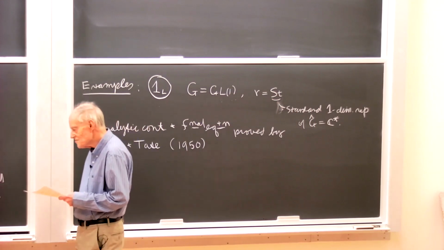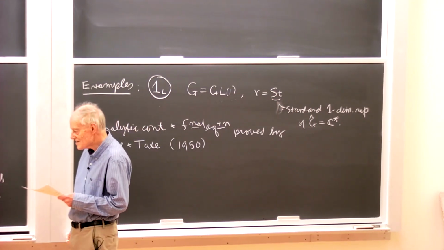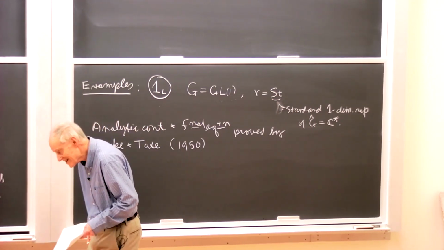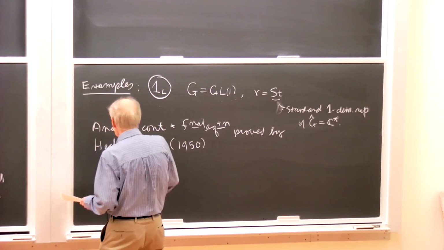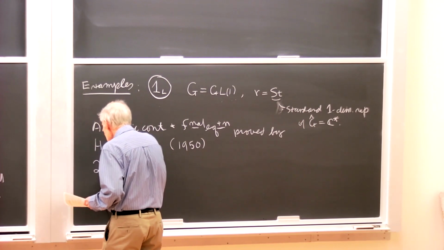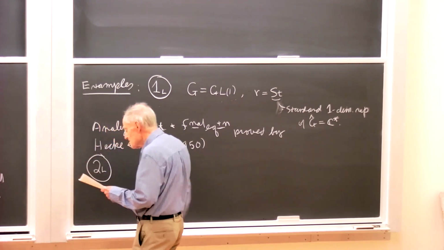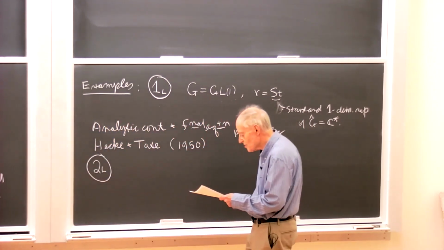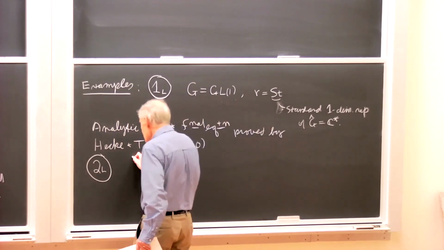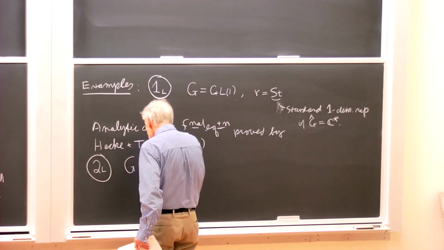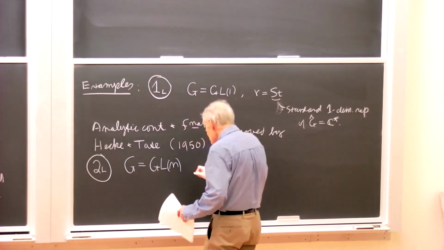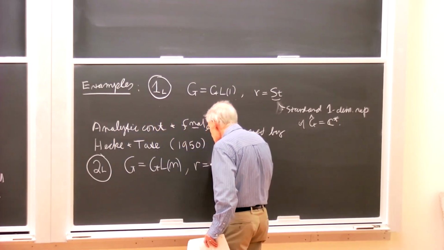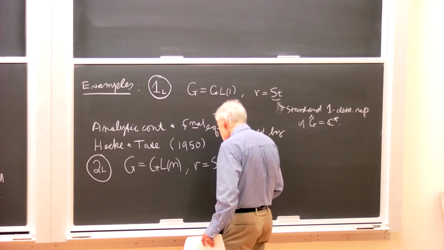Langlands, I think, had an inkling, and maybe he even had a pretty good idea of how it would go. In a more general example, he certainly makes remarks in his paper to this effect. The case that G is equal to GLN, and R is again the standard representation of GLN.